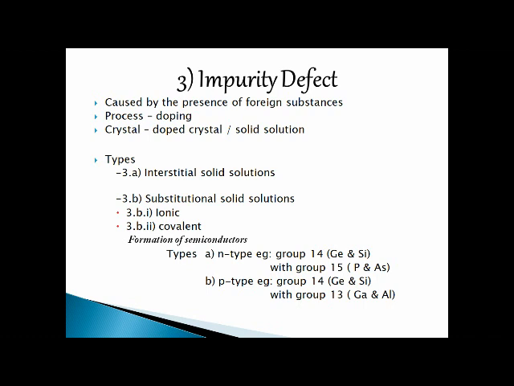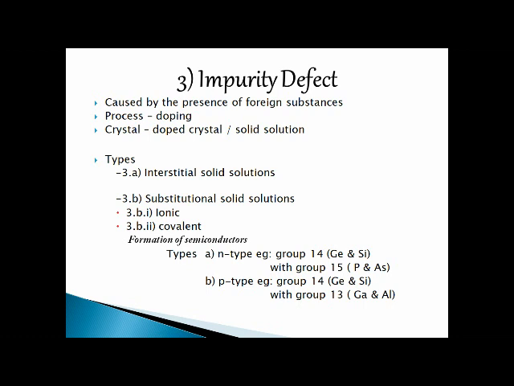Holes means whenever an electron is missing, that site is known as a hole, or electron deficient bonds. I mean P-type semiconductors conduct electricity due to the presence of holes, which are electron deficient bonds.